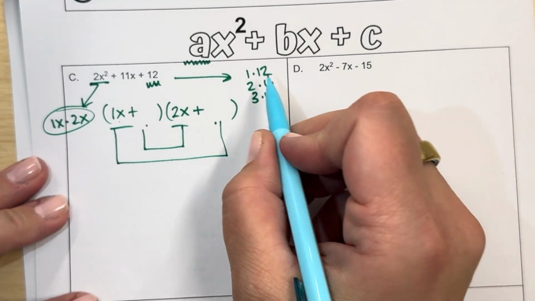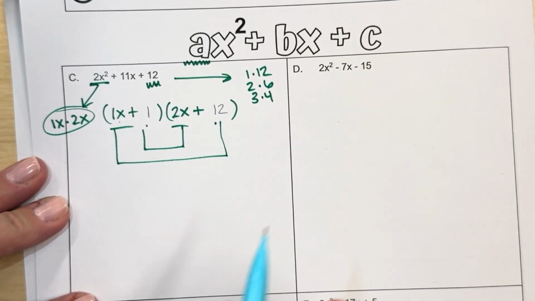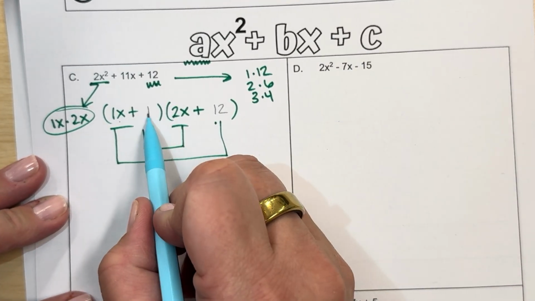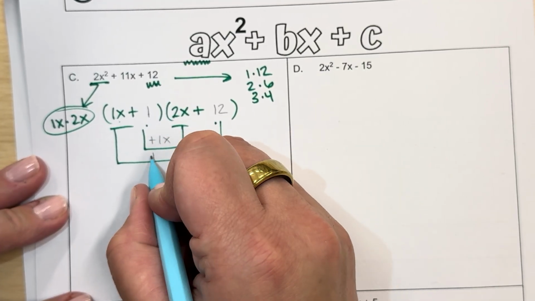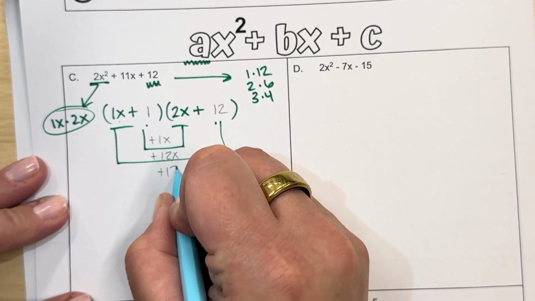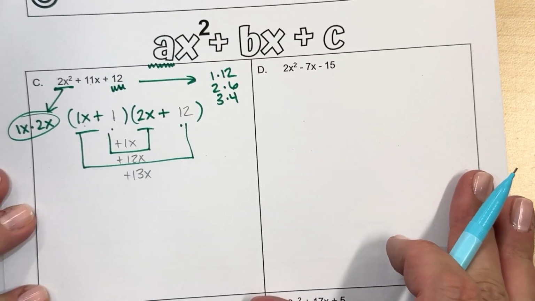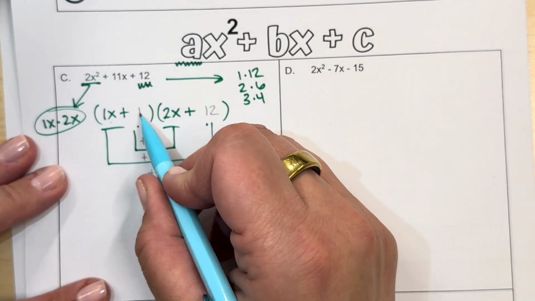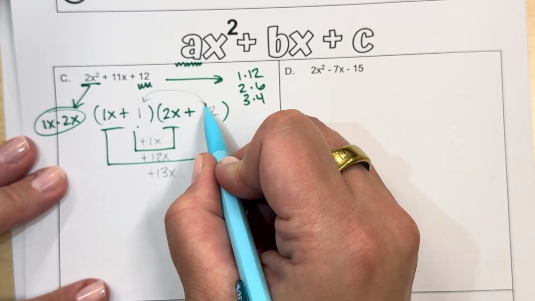But now let's go ahead and plug this in and see what happens. I'm going to try a 1 and a 12 and see what happens. 1 times 2x is positive 1x. 1x times 12x is positive 12x. Together, those make positive 13x. That is not the correct middle term, so I'm not doing that correctly. But before I give up and say that this doesn't work, I first need to switch these around.